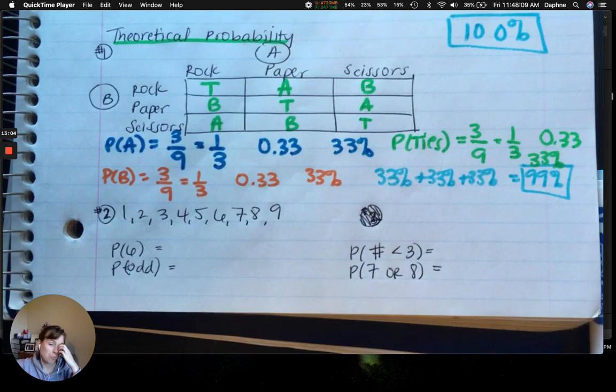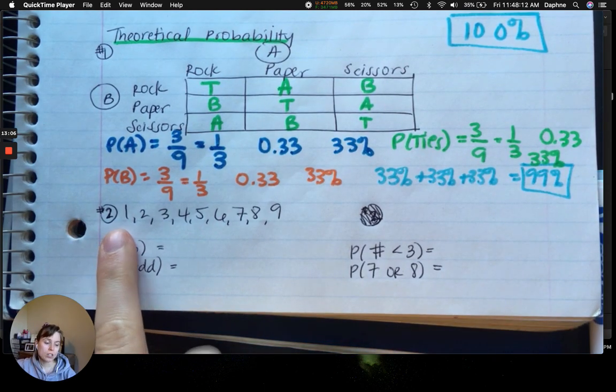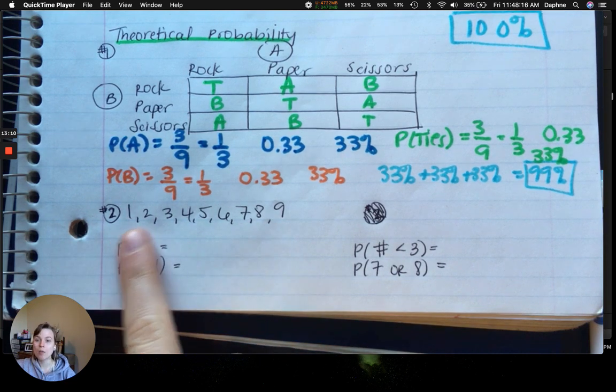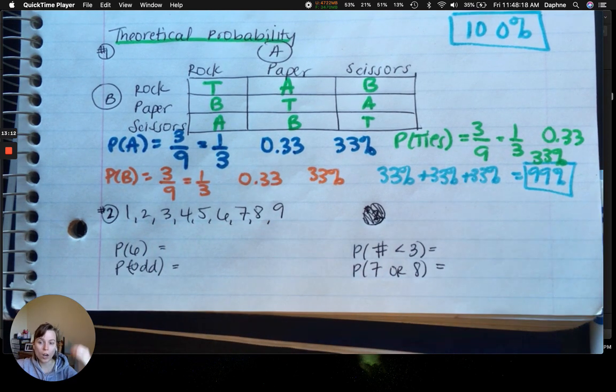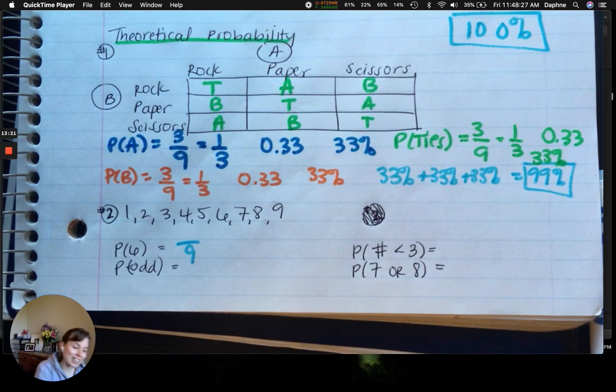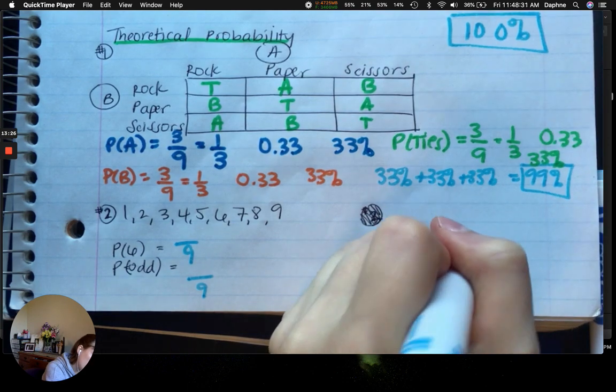Ignore the scribble. So write down the numbers 1, 2, 3, 4, 5, 6, 7, 8, 9. How many numbers are here total? Part over whole. There are 9. All right. So for all of these, we're going to be dividing by 9 because that's the total. Dividing by 9. Dividing by 9.